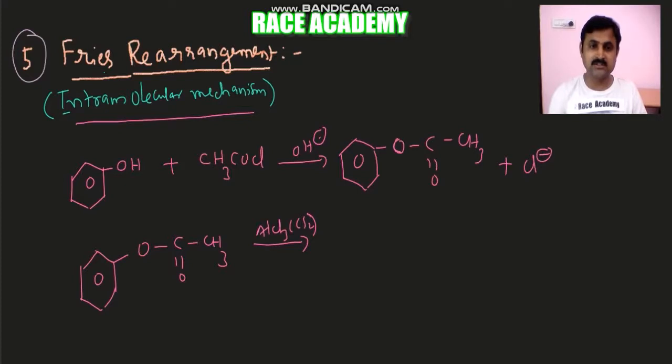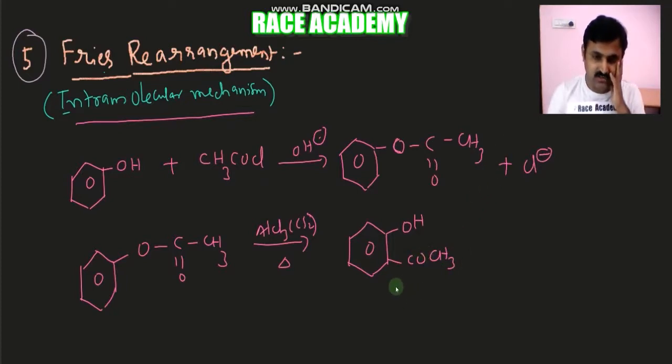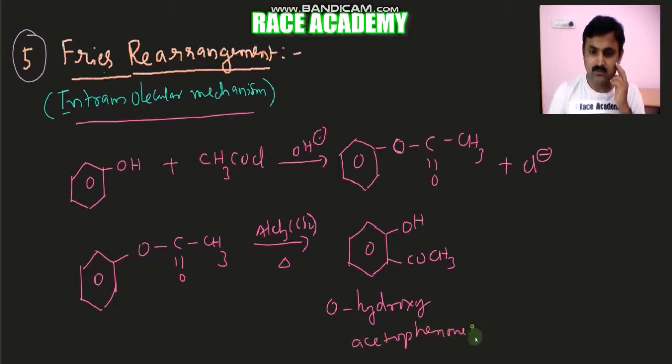in the hot condition, you will get one ortho product, that is nothing but OH, COCH3. As you know, whenever COCH3 is attached to benzene, we call it acetophenone. So we can call this ortho-hydroxyacetophenone.